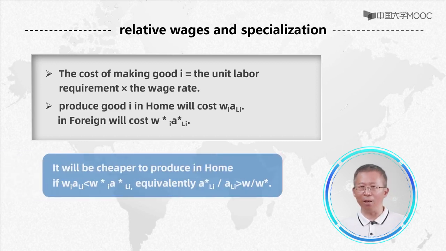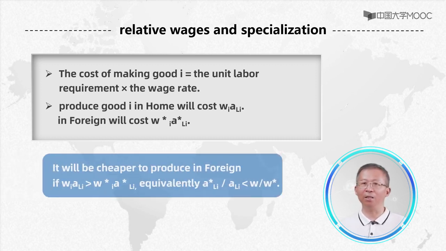It will be cheaper to produce in home if W a_LI is less than W star a_LI star, which can be rearranged to yield a_LI star over a_LI exceeds W over W star.